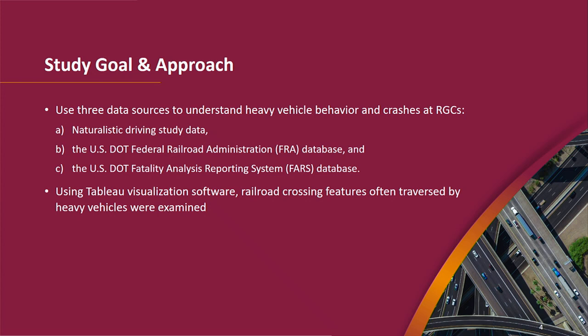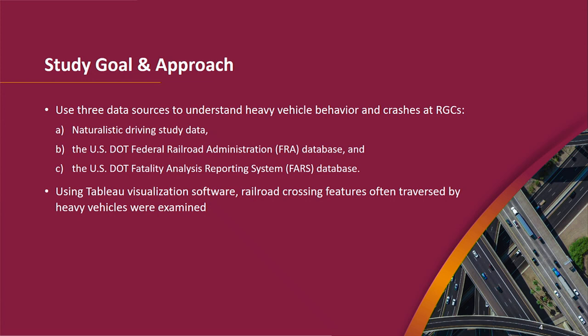So just to understand the makeup of the safety or warning features at crossings and the driver behavior around these crossings, we looked at three data sets. One is our own naturalistic driving study data set, and the other databases that we looked at were FRA's crossing inventory and the Fatality Analysis Reporting System database.